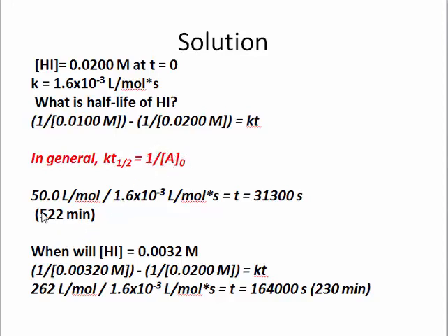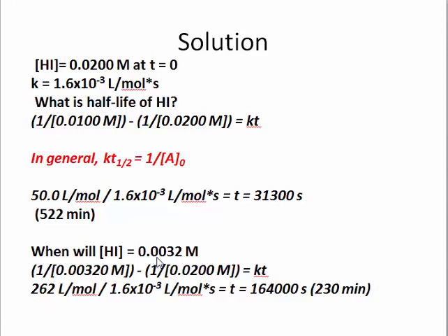In this particular case, if we take this difference of concentrations, divide by the rate constant, we attain a time of 31,300 seconds. Divide by 60 to convert to 522 minutes.